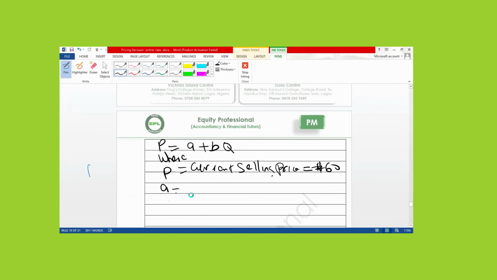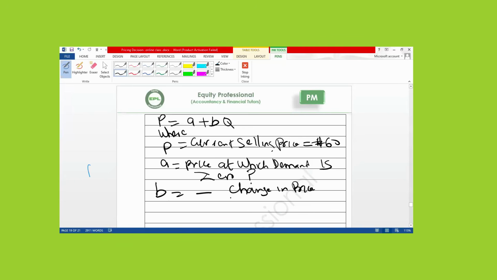Your A is the price at which demand is 0. We don't know yet; we have to calculate that. Your B is the negative change in price over change in quantity.